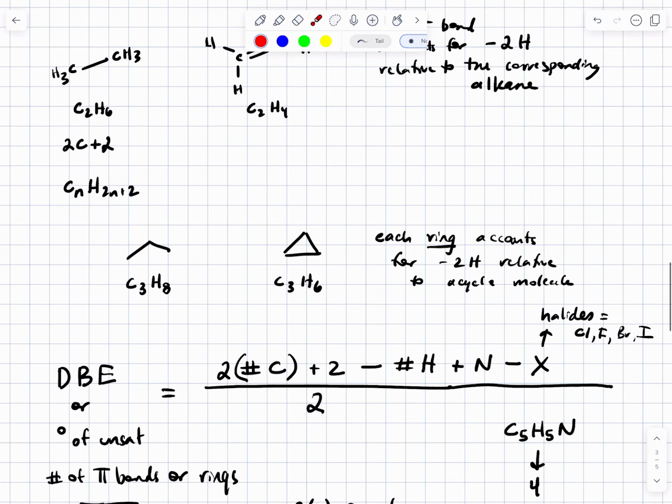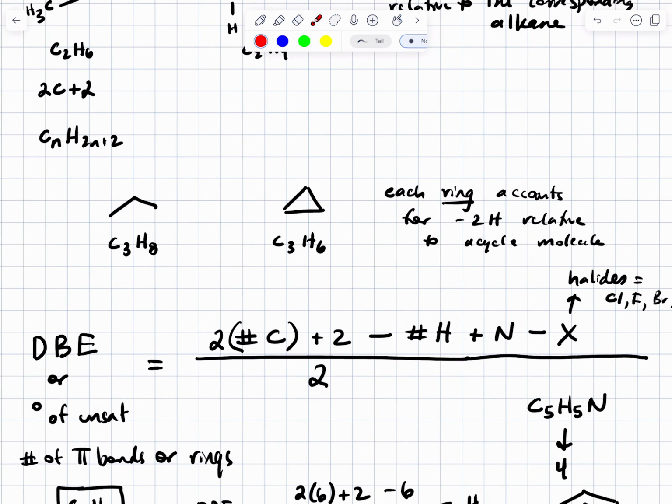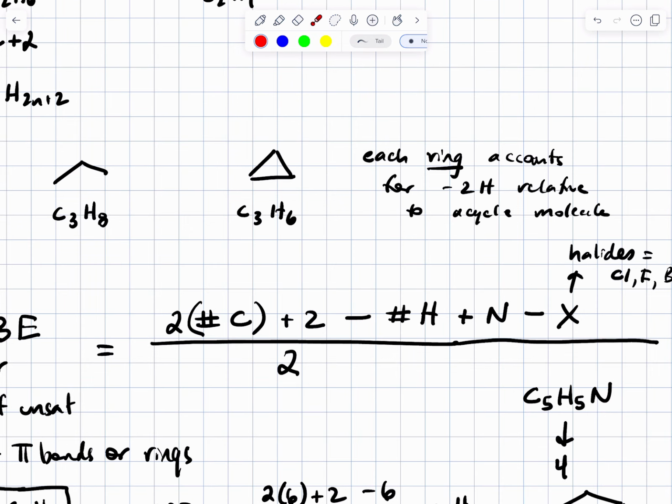So here's an equation. I know you love those. Here's an equation, and I'm not going to justify it for you. I've talked about rings and pi bonds. This equation also accounts for the number of nitrogens and halides in the molecule.